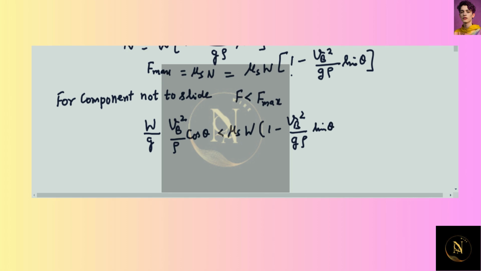So by solving the above equation we can write coefficient of friction should be greater than cos of theta upon g into rho divided by square of velocity at p point minus sine of theta.